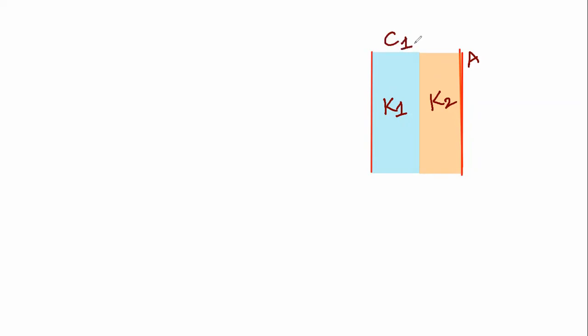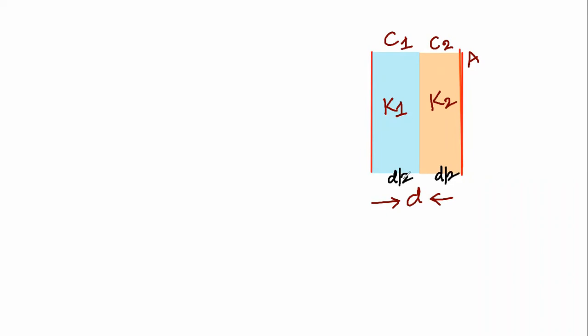C1 is the capacitance of one capacitor and C2 is the capacitance of the other. D is the distance between the two plates, and it is taken as d by 2 and d by 2 like this.